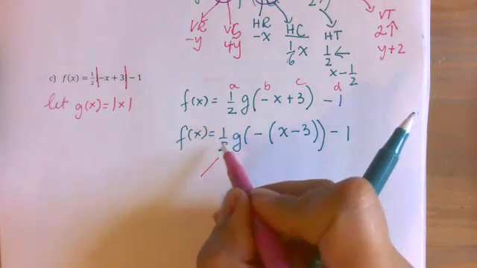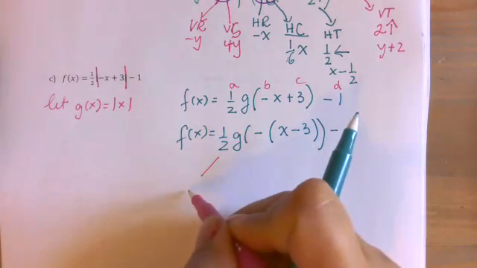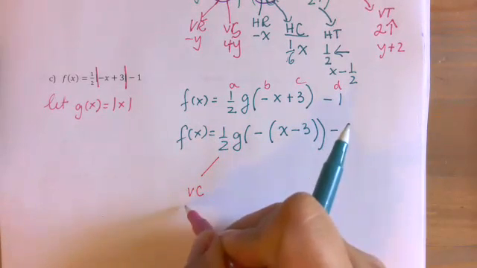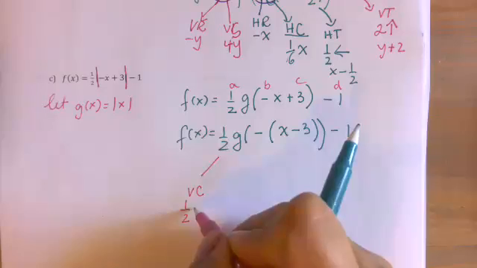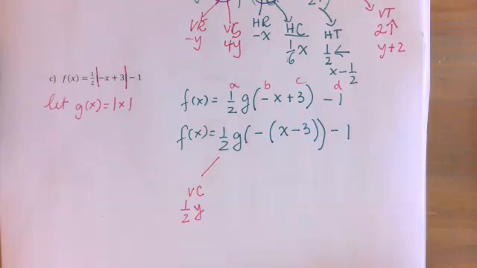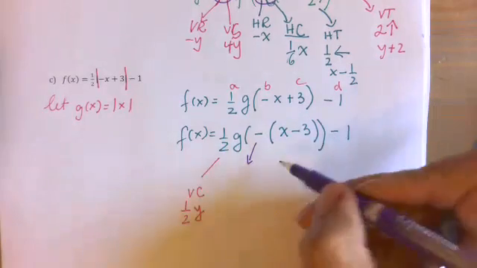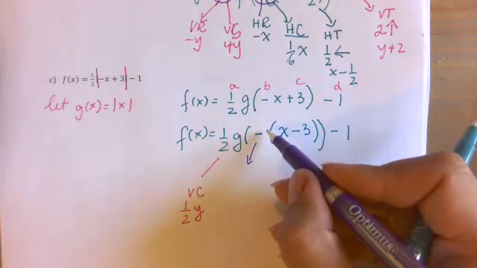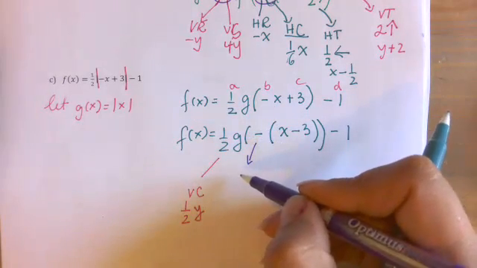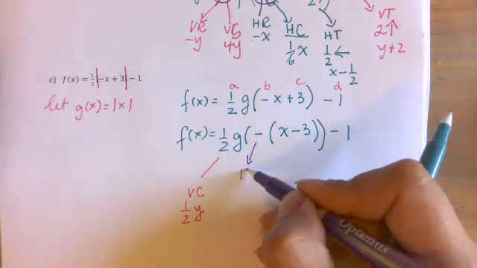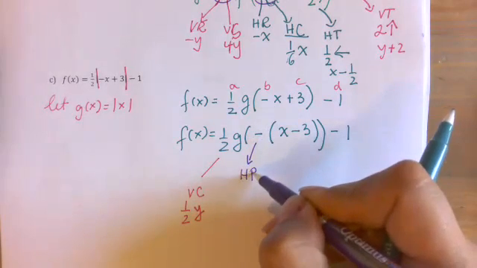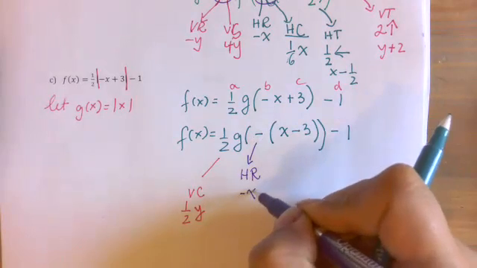Your A parameter doesn't have a negative, so we only have a vertical compression by a factor of 1/2. B parameter is -1, so we don't have a stretch or a compression, but we have a horizontal reflection, so -1 times x.